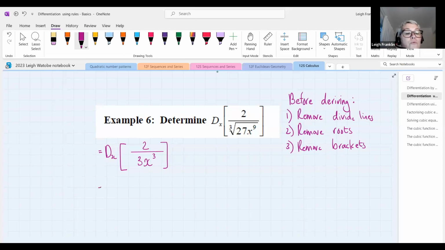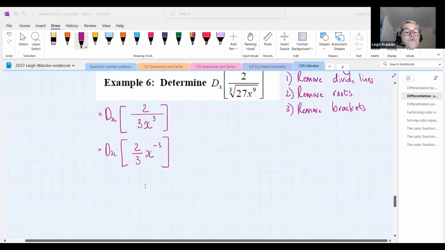Again, I'm not ready to derive, so I'm not changing my notation. Now I'm going to separate my coefficient from my variable, put my variable in the numerator, and change the sign of my exponent. Now I'm ready to derive. I've gone sign, number, variable with my exponent. Now I can derive.